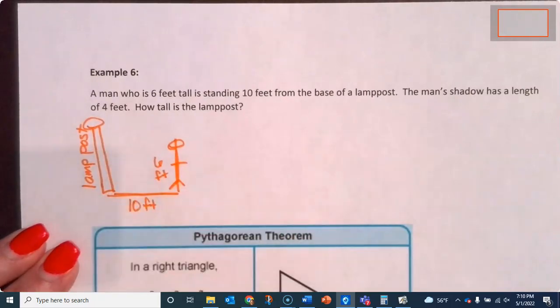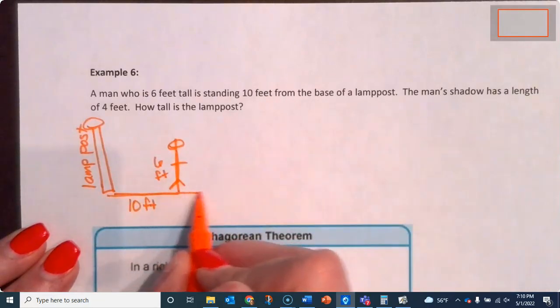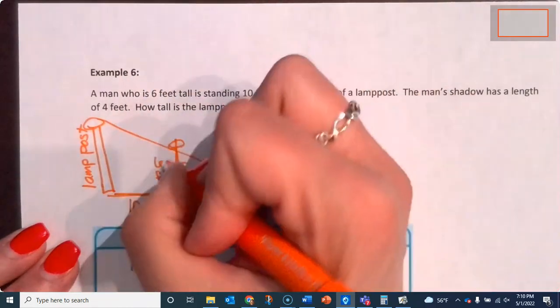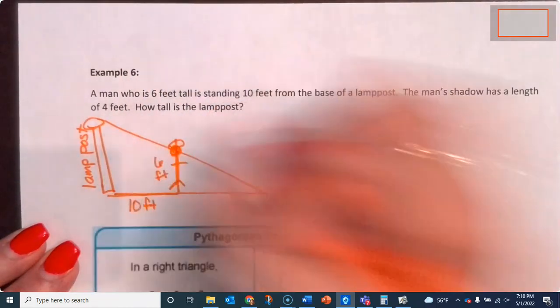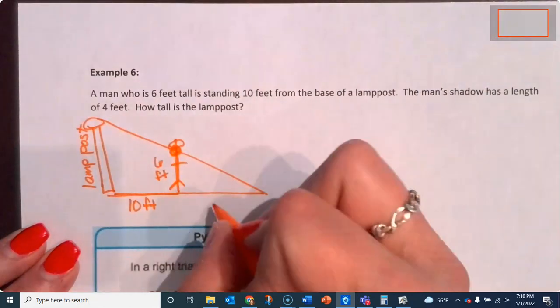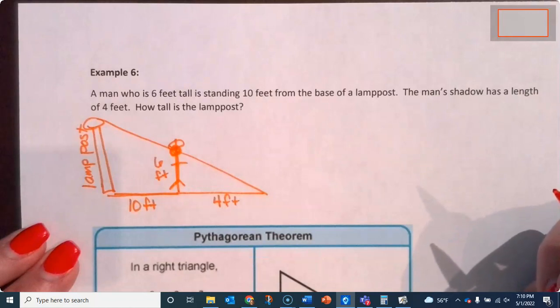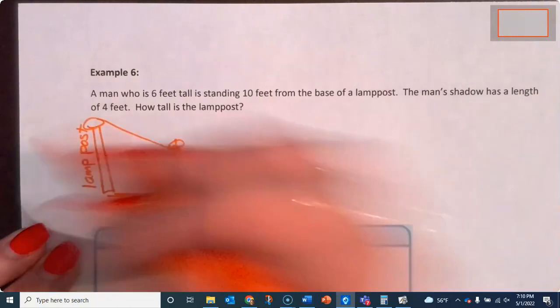The man's shadow has a length of 4 feet. I'm sorry, we'll say his head was right here. So his shadow is 4 feet. And they want to know how tall is the lamppost.